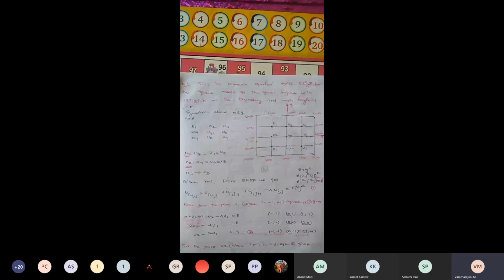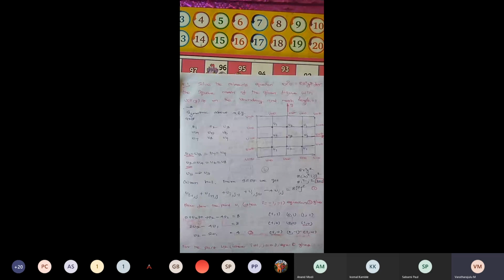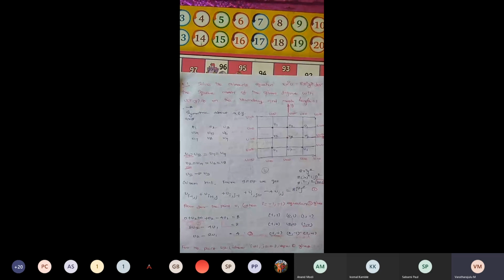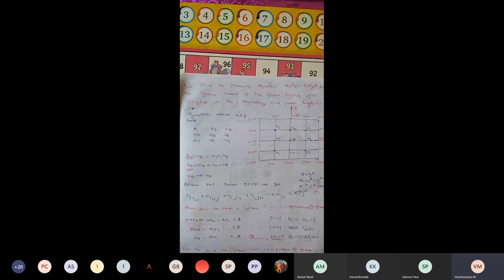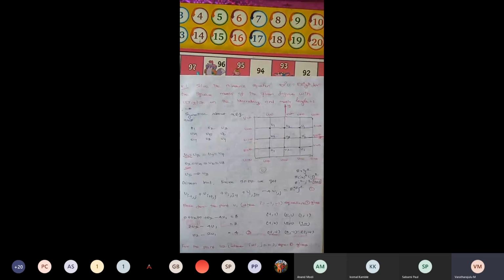Here del square u is equal to 8x square y square for the square mesh of the given figure with u(x,y) equal to 0 on the boundary. For various x and y on the boundary, the u value is equal to 0, and the mesh length is equal to 1.